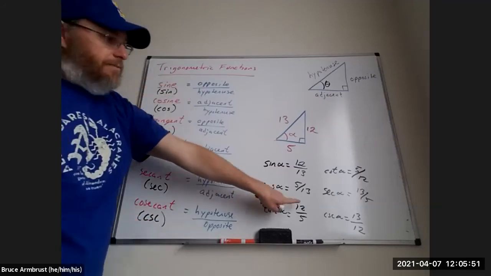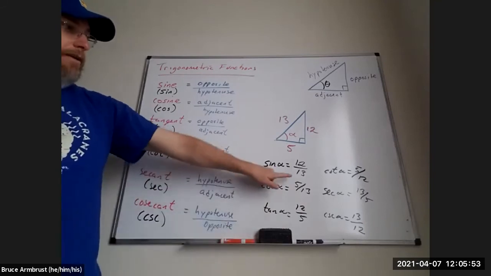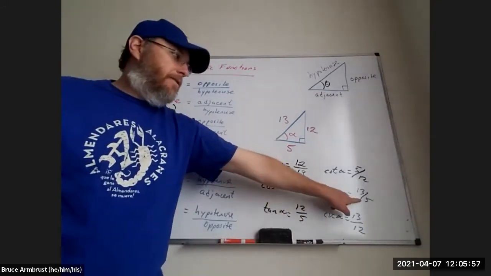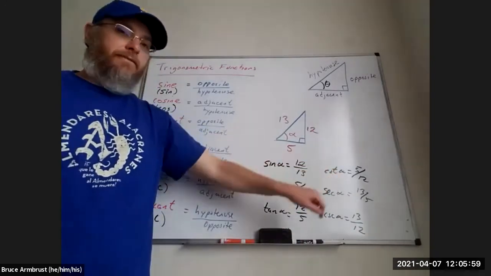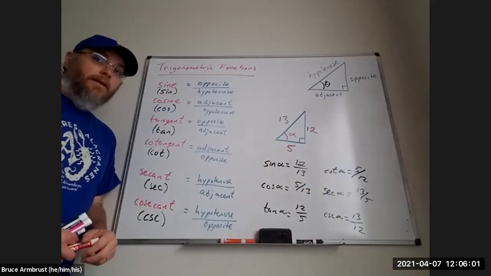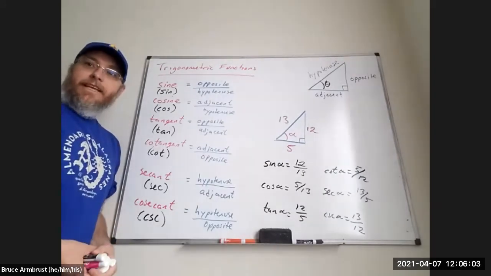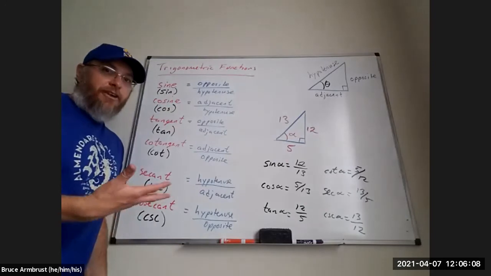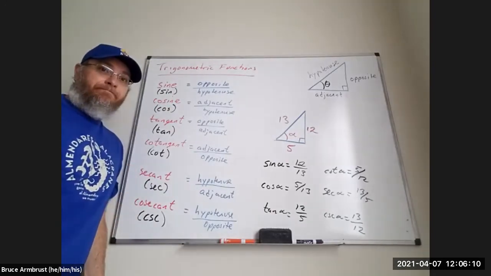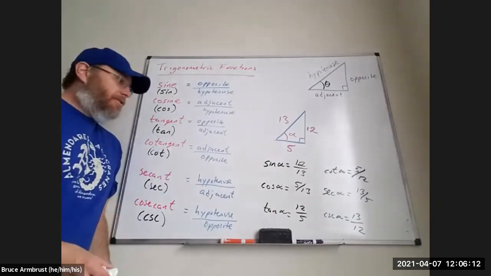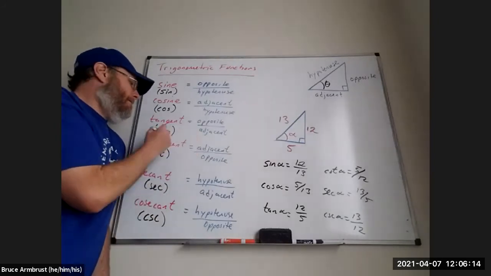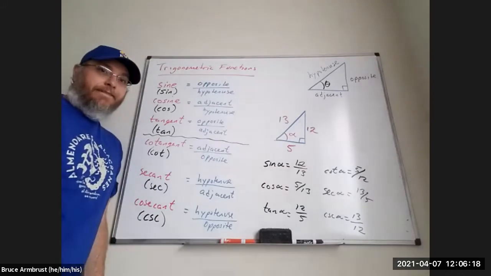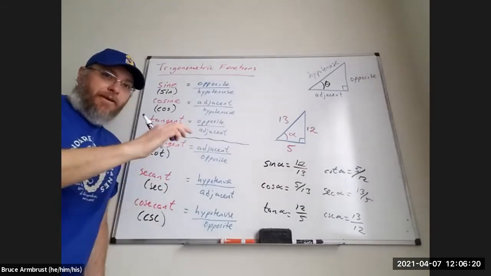And you can even see that specifically with the numbers, right? 12/13, 13/12. 5/13, 13/5. 12/5, 5/12. So that's definitely one of the nice things about these is you don't actually have to learn all 6. In fact, you can just learn the first 3. If you learn the first 3, you can get the other 3 just by flipping them over.